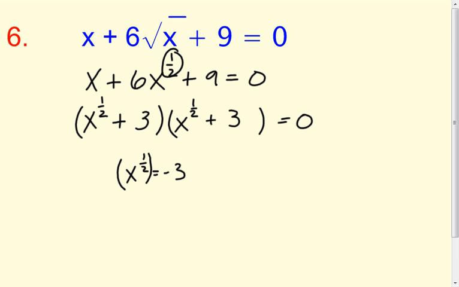And then I will square that to solve. So I will square both sides. Negative 3 squared is 9. Okay? So again, I'm going to plug that back in and I'm going to check it. And by the way, if I were to do this over here, I'd have the same answer. So I don't need to repeat that. But I'm going to plug 9 in and I'm going to check it.